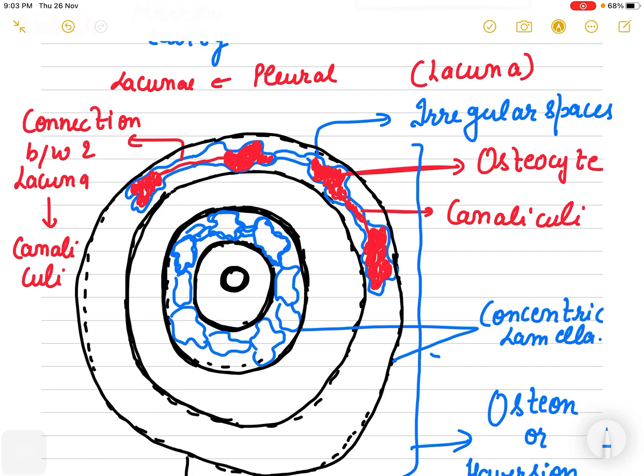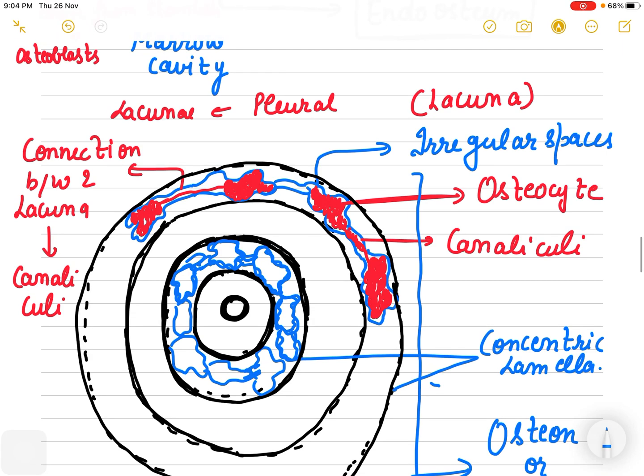These irregular spaces present in these rings, as you can see I am drawing them, are known as lacuna, and the plural we write is lacunae.